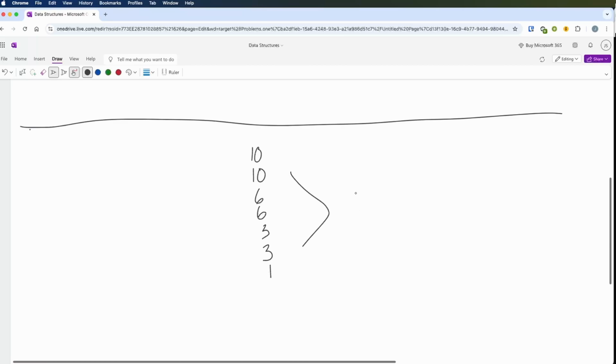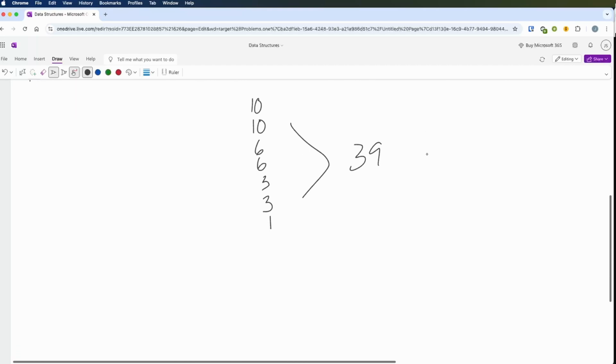So this is also 39. So let's look at this other example. So if we pick the ones with the most, so we'll have 4, 4, 4, 4, 3, 3, 3, 2, 2, 1. So we have 16.